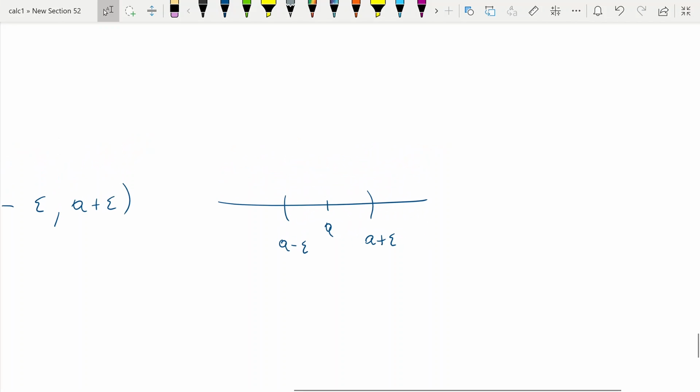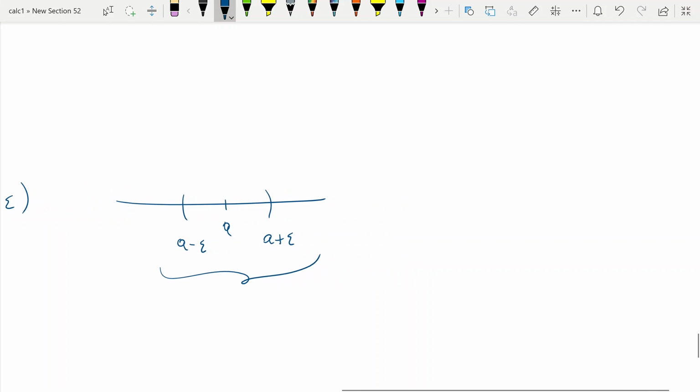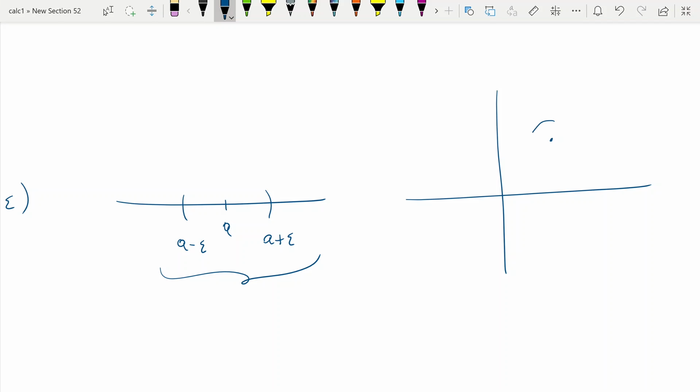Of course, this is what we care about for now. But in 2 dimensions, you can imagine what happens in more dimensions. You have a point, say here, in R2, and an open set will be all the points that are within distance epsilon. So this is epsilon, and this is the point a, which would now be a vector with components a1 and a2, and then there will be the analog of that.